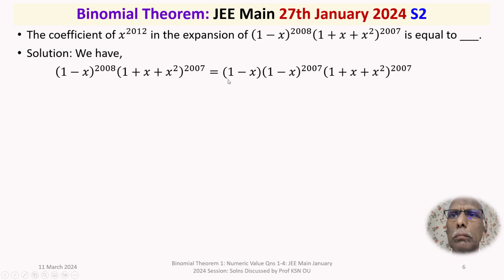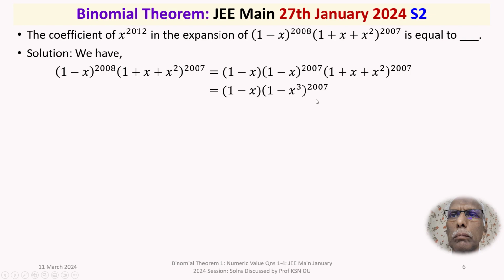One is 1 minus x and the other factor is (1 minus x) to the power of 2007 multiplied by (1 plus x square) to the power of 2007. Now 1 minus x multiplied by 1 plus x square is 1 minus x cube, and for each one of them the power 2007 is there. Therefore, it will be equal to (1 minus x) into (1 minus x cube) whole to the power of 2007.